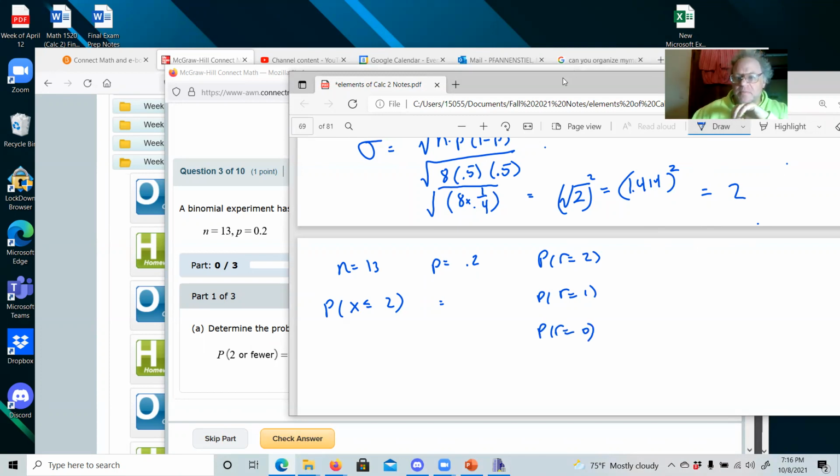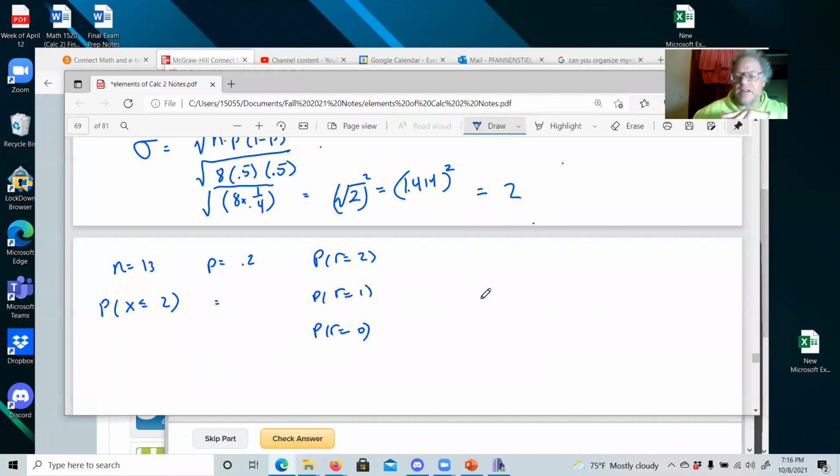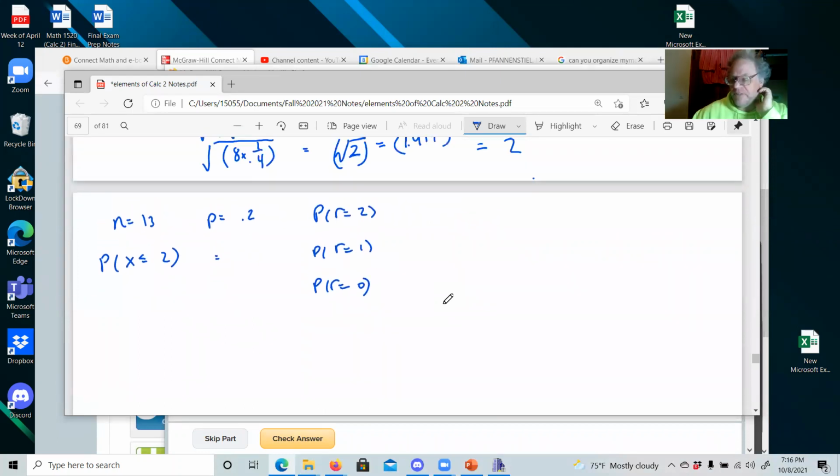So we're going to set these up, and then we're going to use the calculator to figure out the values, and then we're just going to add those values up. Okay. So setting up, we have 13 choose 2. Okay. We have 0.2. How many successes do we want? In this case, we want 2 successes.